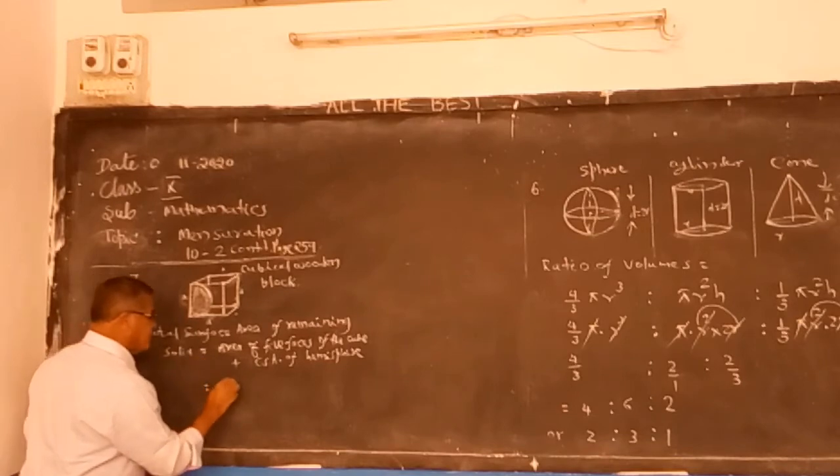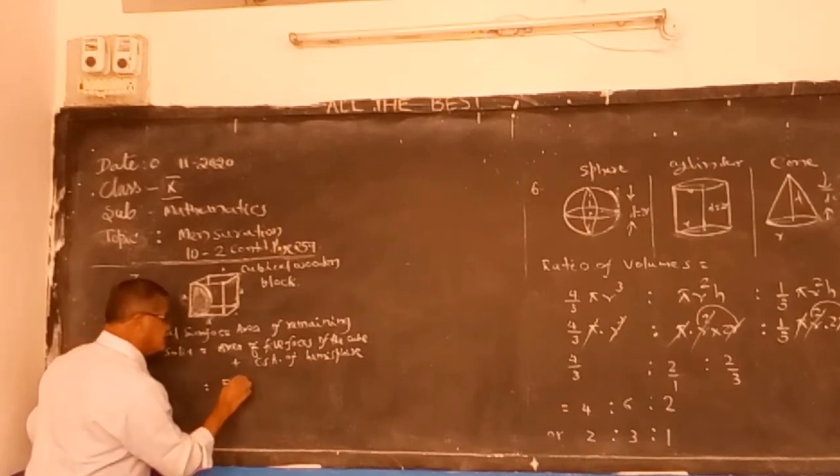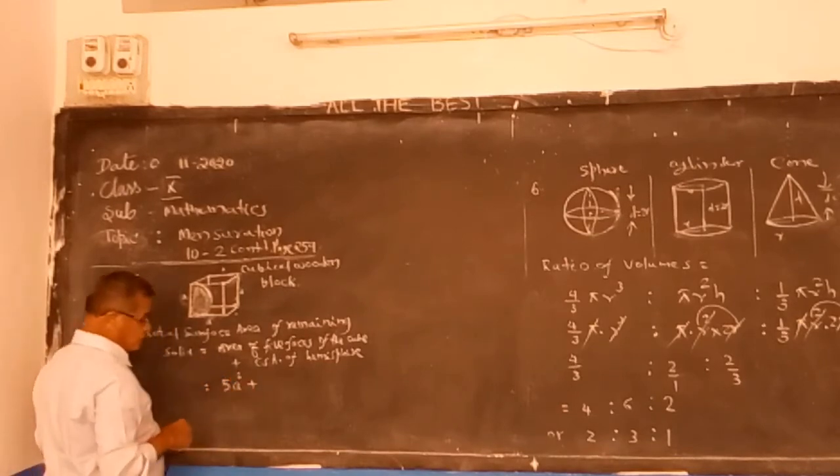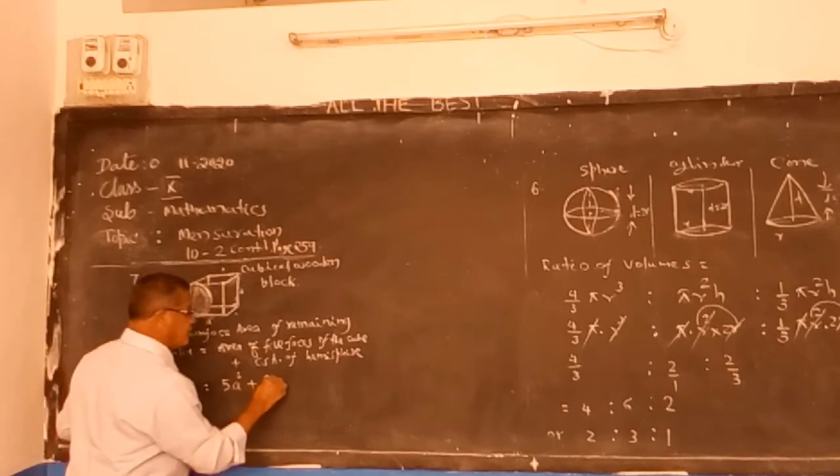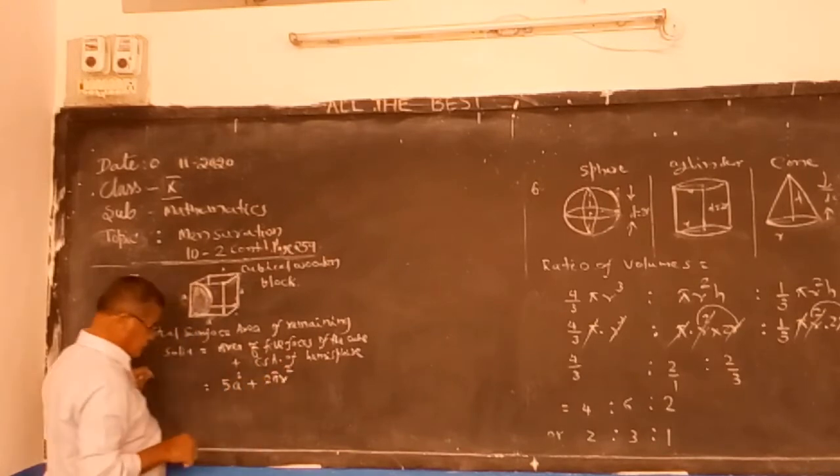Each face is a square, so 5a squared plus 2 pi r squared.